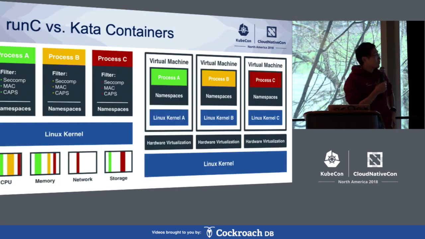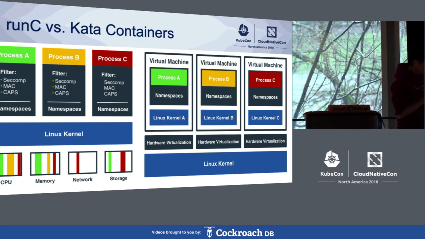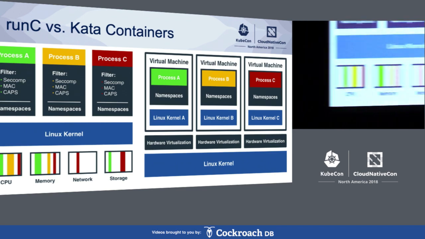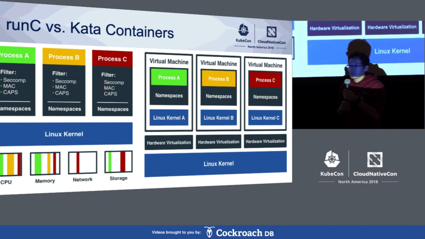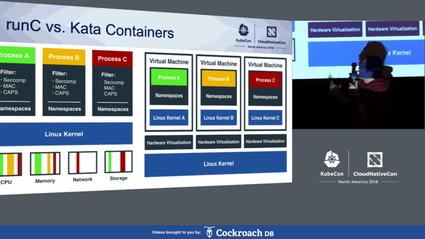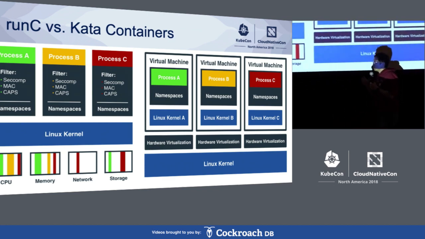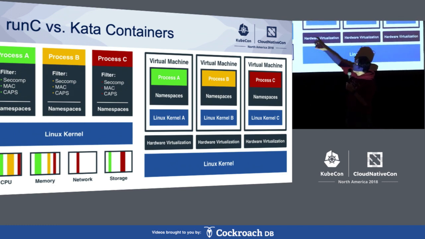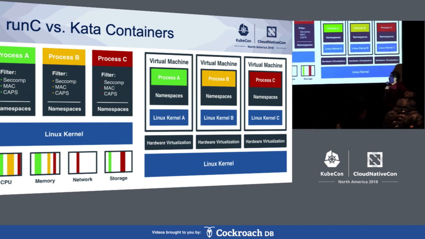Here's a brief comparison between runc and KataContainers. When we use runc, we have the process for the applications, and they are protected by something like seccomp and other things to help isolate them from others, and use namespaces to do the isolation, and also cgroups.